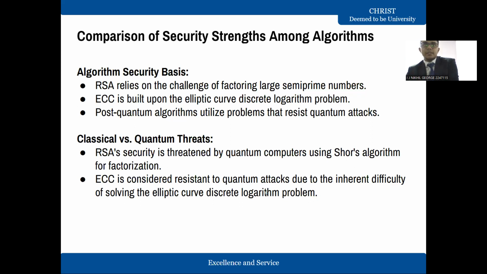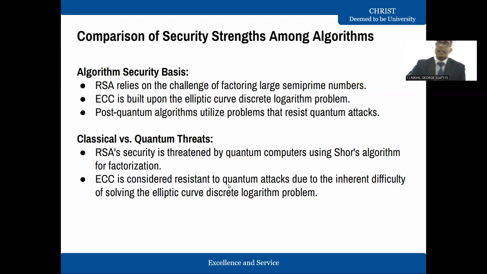As you know, RSA is threatened by quantum computers using Shor's algorithm. I guess you all know Shor's algorithm, the most common algorithm used against encryption. That is a risk for RSA itself.